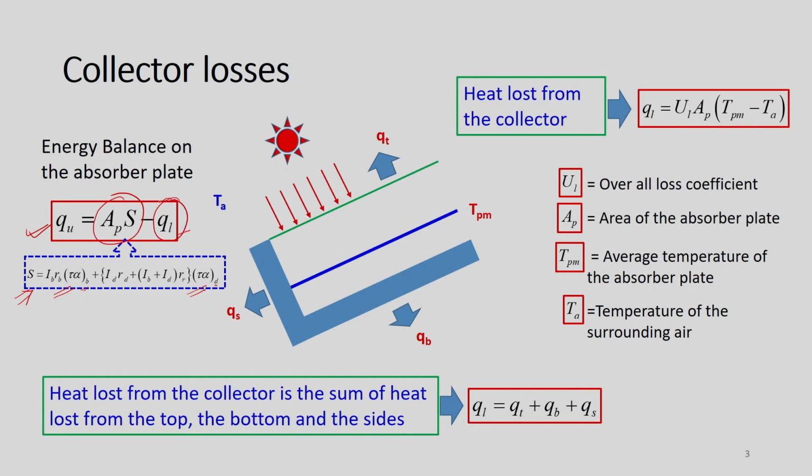QL. QL is nothing but the heat loss from the collector. This QL is a function of all the losses, the kind of losses taking place from the top of the collector, from the side of the collector, and from the bottom of the collector. What I have shown here is one glass cover and then the absorber plate.